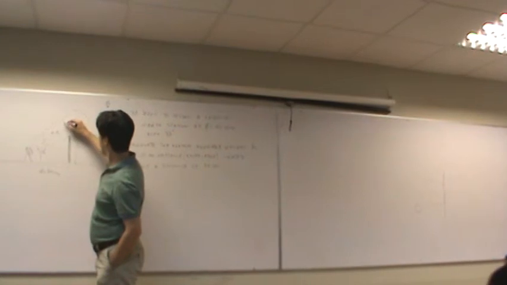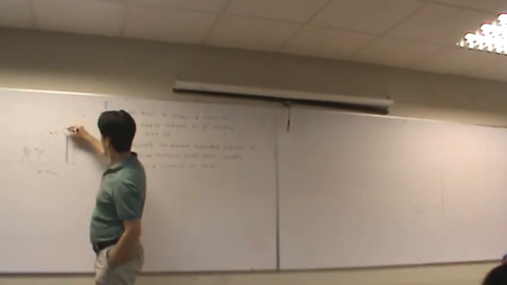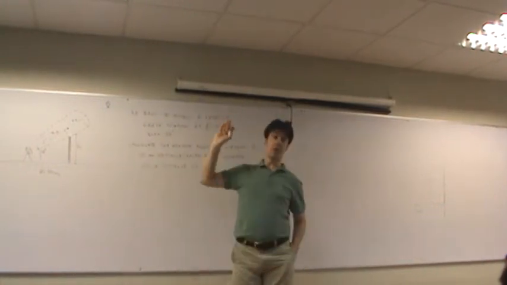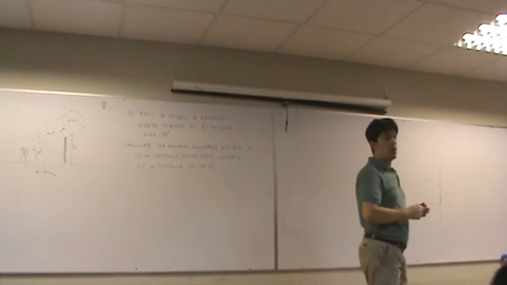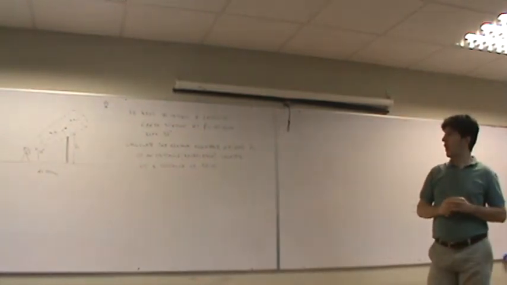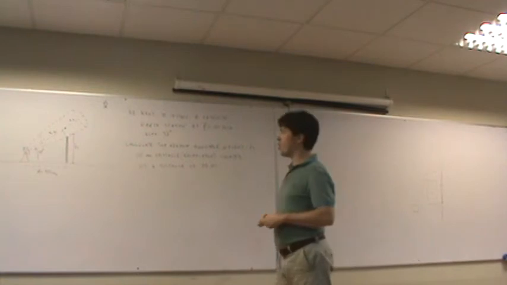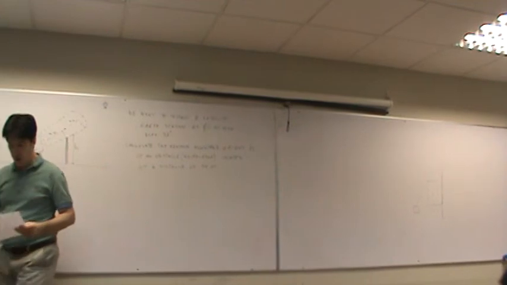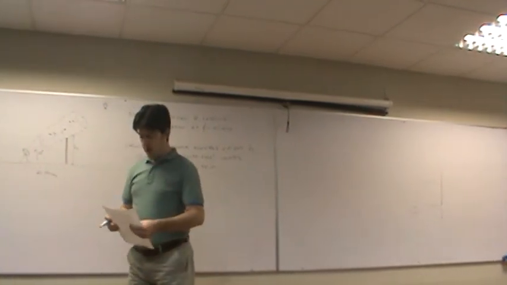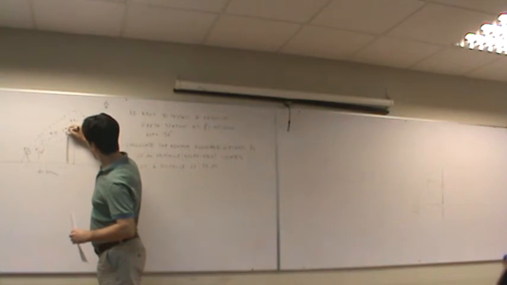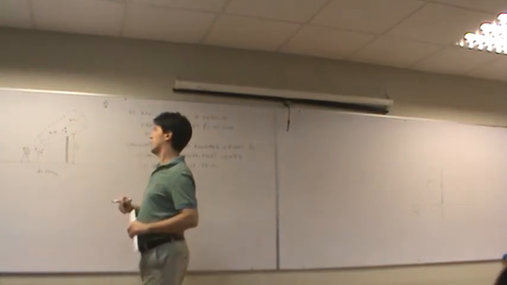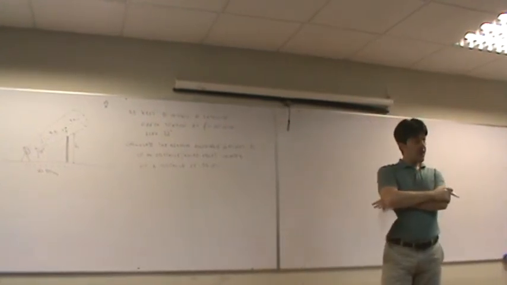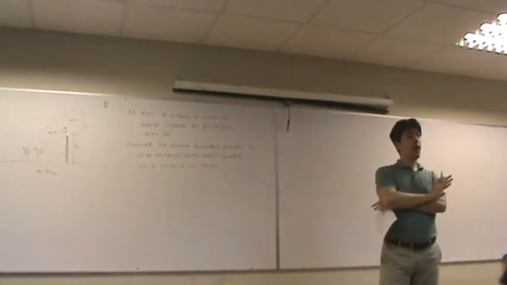We have a distance R1 to the obstacle and the distance R2 from the obstacle to the satellite. And the distance R2 is much, much larger, obviously, than R1. If we call this rho, this is not, obviously, the semi-axis, because we are not in the center of the Fresnel ellipsoid.